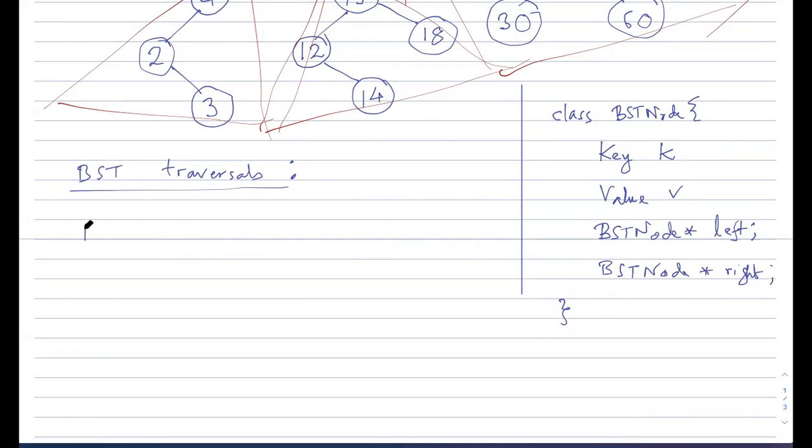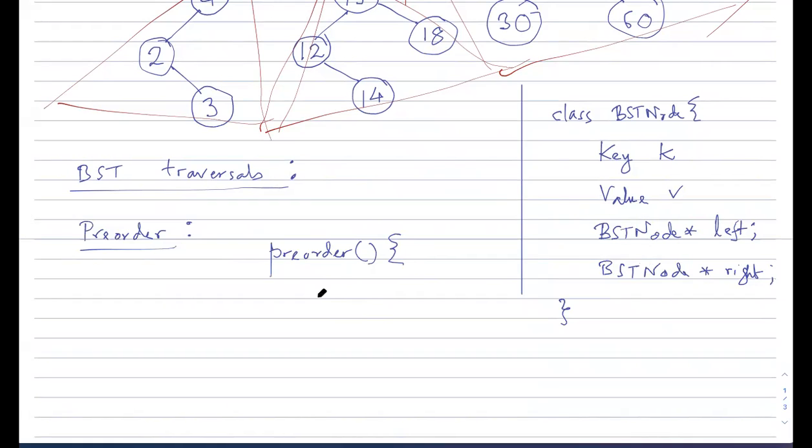So if I have to traverse pre-order here, how would I write down pre-order traversal? So what is pre-order here? I want to visit myself first before visiting my children, right?